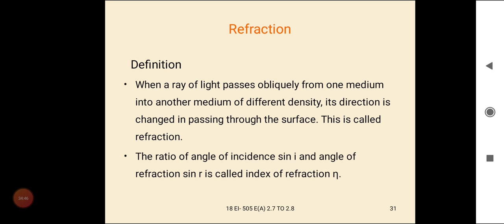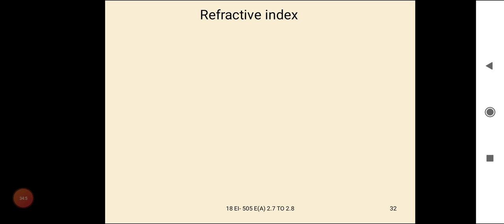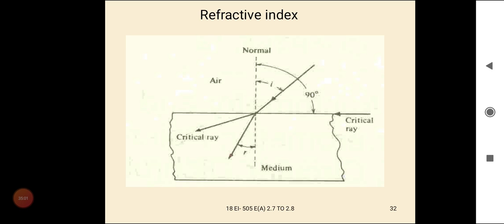So the ratio of sin I and sin R is called the index of refraction, eta. You can see the refractive index in the picture.